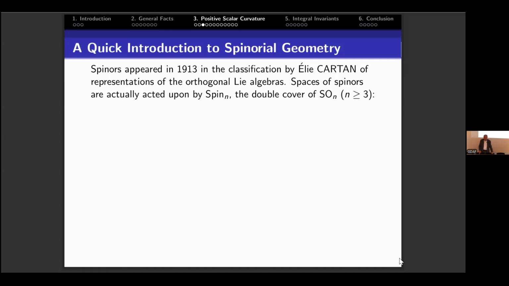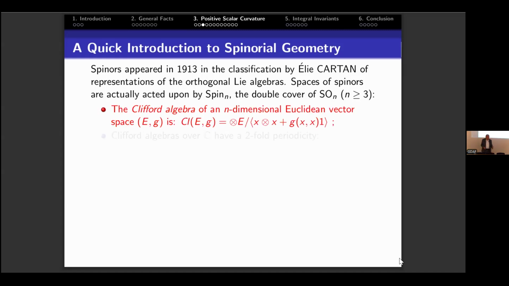When the dimension is at least 3, SO(n) is not simply connected, but it just has Z2 as a fundamental group. And then you have a group covering SO(n), which is Spin(n), same dimension, but just a double cover.